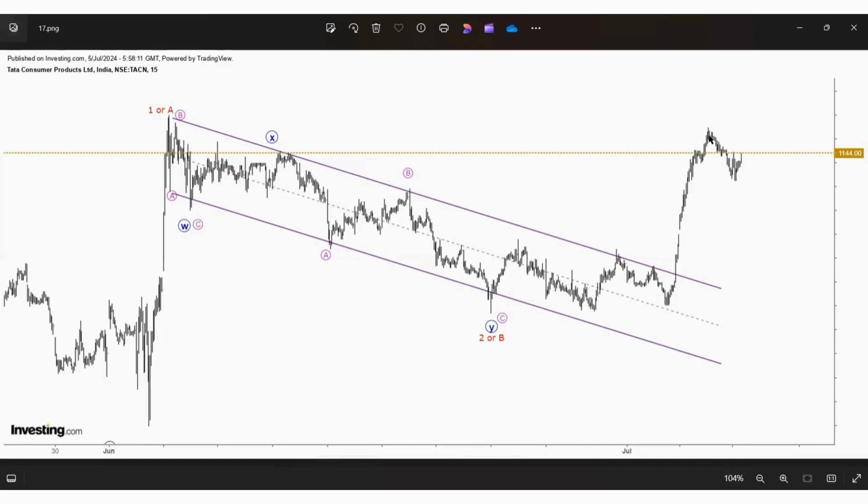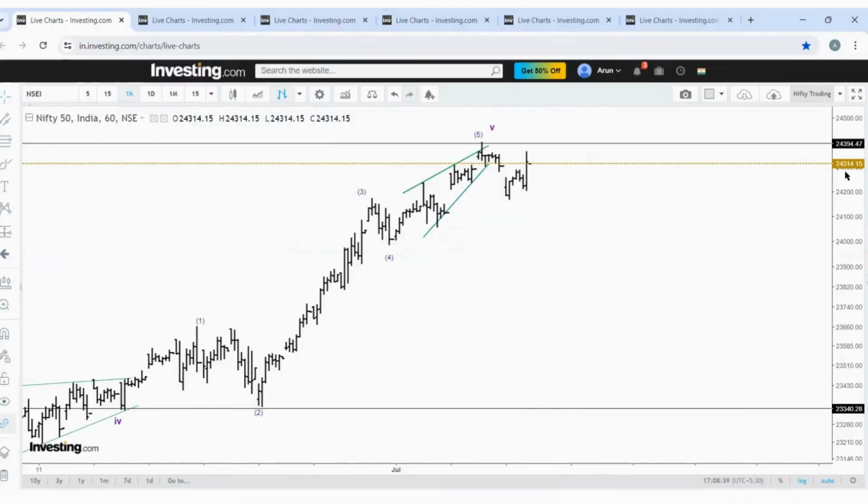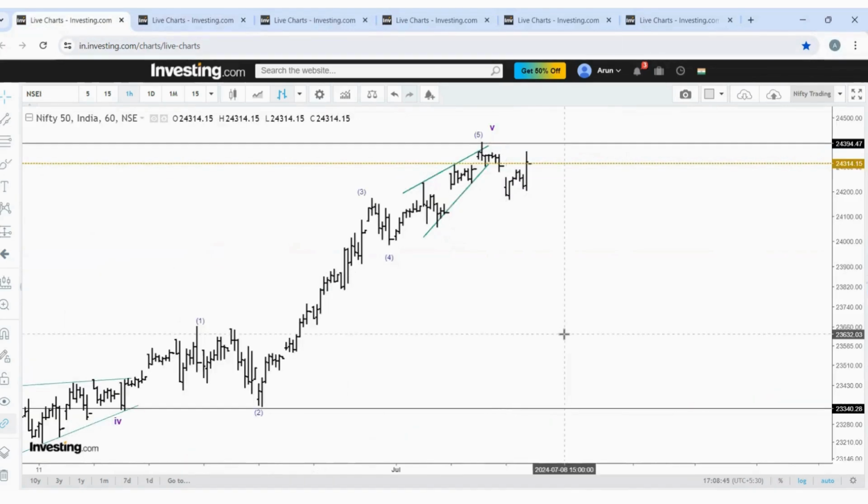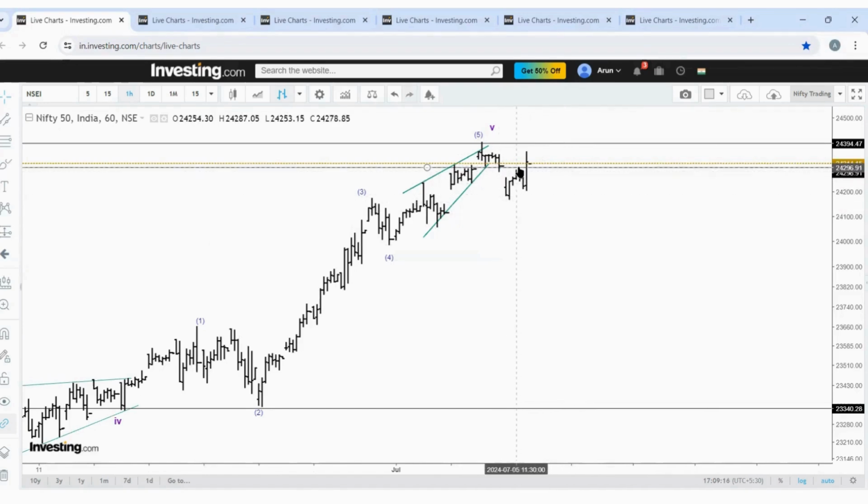Right, so what can we expect next week? Nifty ends this week at 24,314 and Bank Nifty at 52,616. During the introduction part of this video, I said that this zone may pose some resistance, and if the price wants to make a correction, then it will reject here and come lower. This is what I said during the introduction, and as said, the price started declining right from this area, the gap zone or this level, but the price did not come below this low.